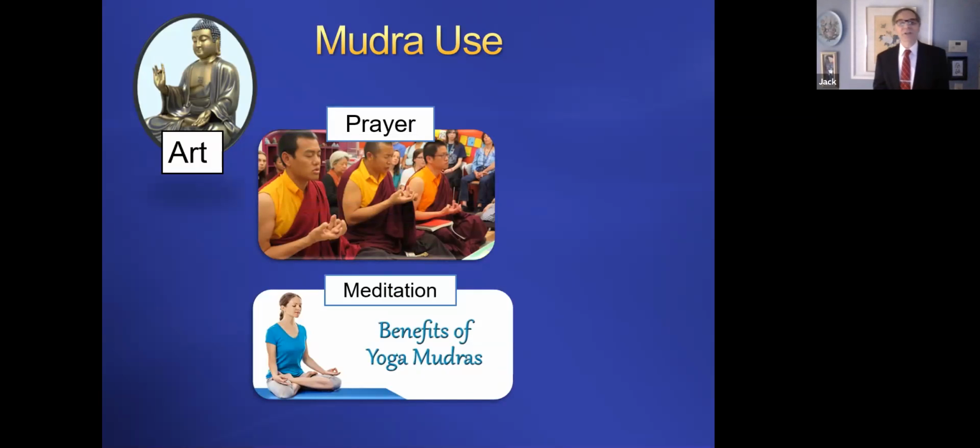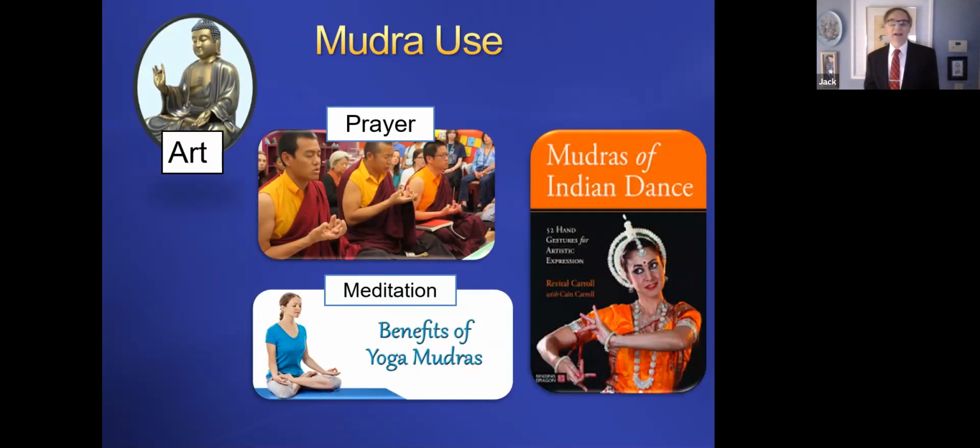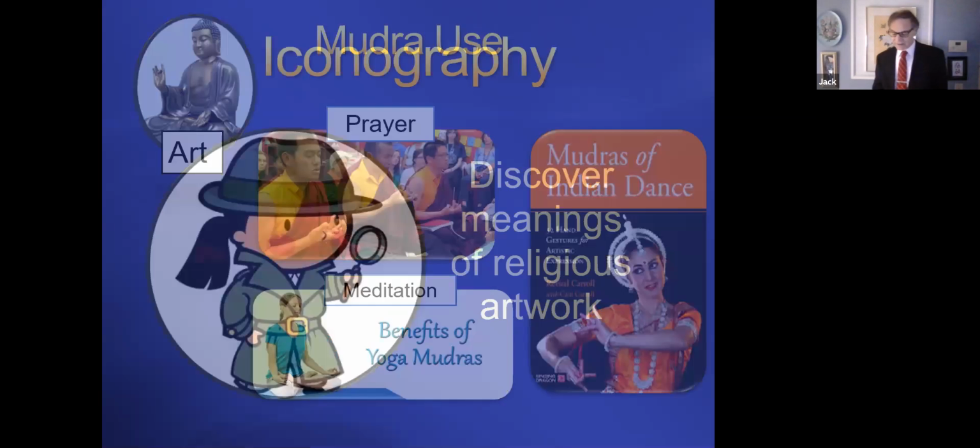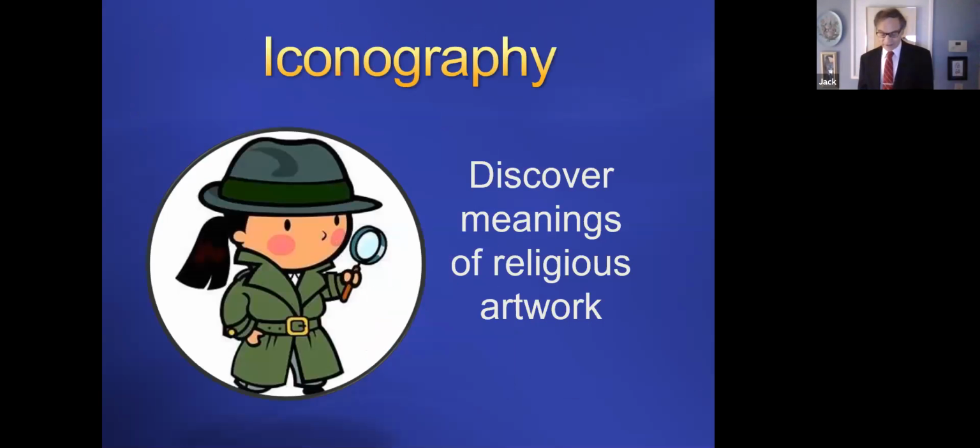And if you've ever watched some Hindu dancers, a key element of Hindu dance is making various hand and arm gestures. And these are all mudras. So why don't we take a look and see what the iconography of these is and what exactly does this particular type of hand jive mean?